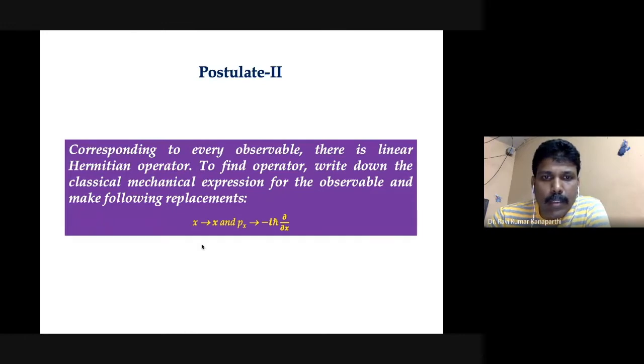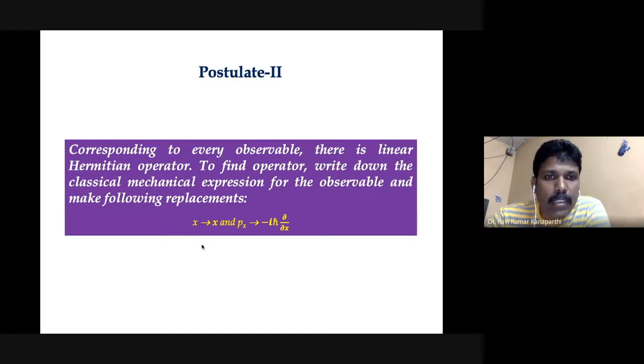One such replacement is that if there is an x, you replace it with x. The other is that for the momentum component p of x, it has to be replaced with minus i h cross dou by dou x.